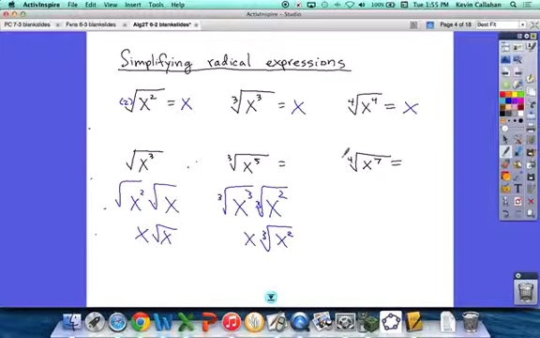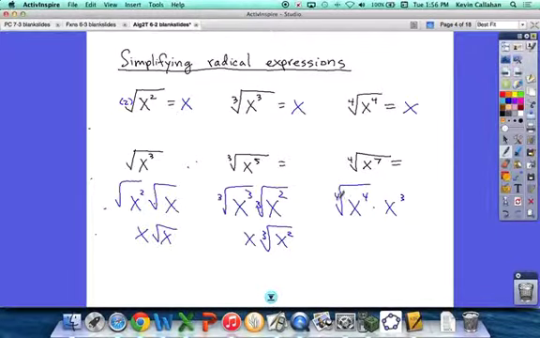How about the fourth root of x to the seventh? How can I split up the x's so I get maximum simplification? Josh? So it'll be x to the fourth and x to the third. They have to add up to 7, properties of exponents.